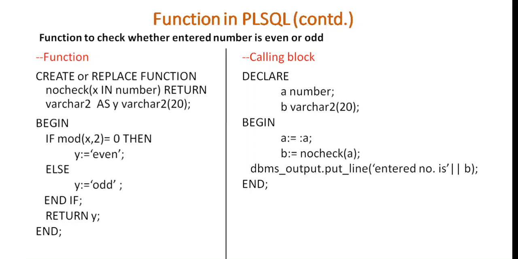A is passed to the function as x, and b will be received from the function as y. When you say return y, it will be given to b. Then dbms_output.put_line prints the message which is given by the function. So this is how a function can be written.